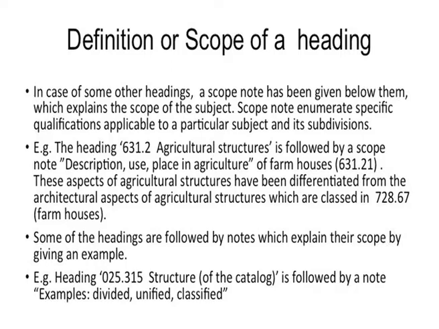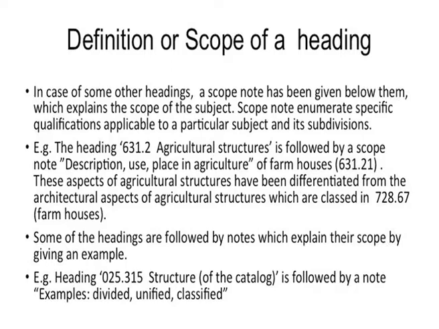For example, we have a heading 631.2, which is for agricultural structures. This heading is followed by a scope note which clarifies what is covered under this, and in what aspect agricultural structures have been given in 631.2.